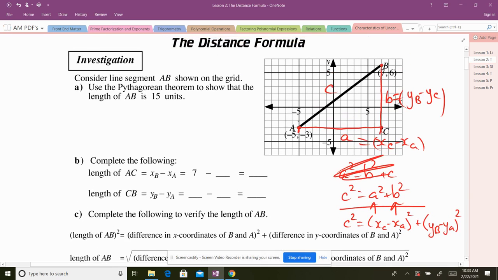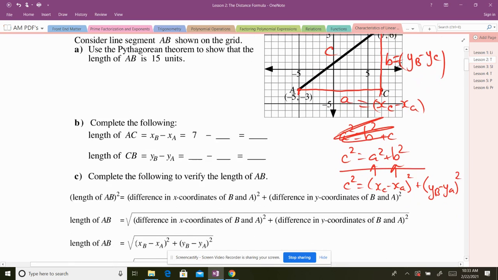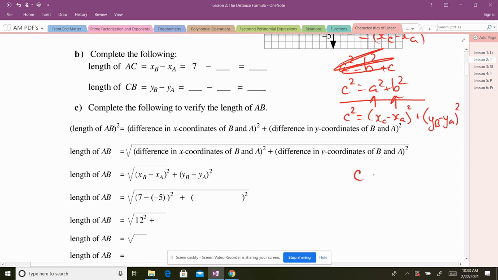And that gives me c squared, but I don't want c squared, I want c, so what do you do? You square root it. Now, when we square root something, we always get what? 2 answers. Now, does it make sense to have 2 answers in this case? Does it make sense to have a negative distance? No, so in this case, we ignore the negative, okay?